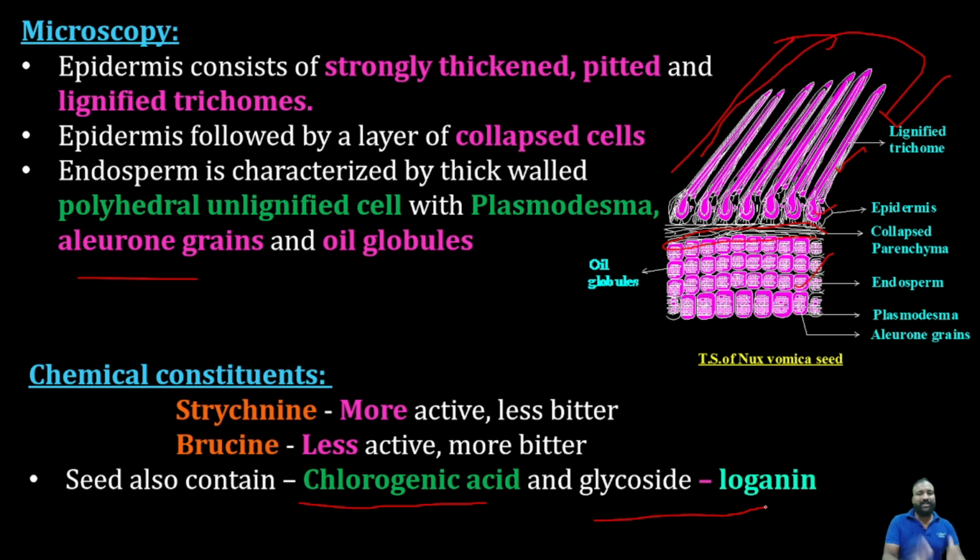Sometimes you may get a question like, which alkaloid and which glycoside does Strychnos nux-vomica consist of? We are discussing this seed as part of alkaloids, especially the indole alkaloids. But we can't confirm that one plant has only one type of secondary metabolite.